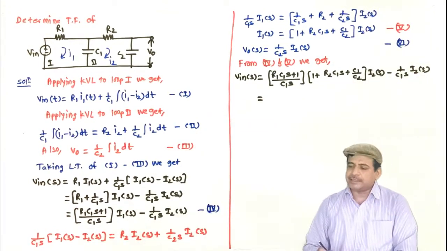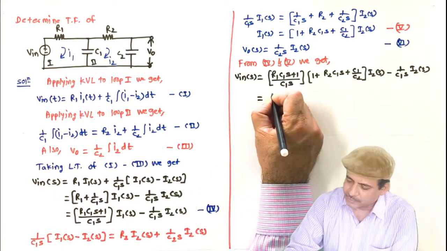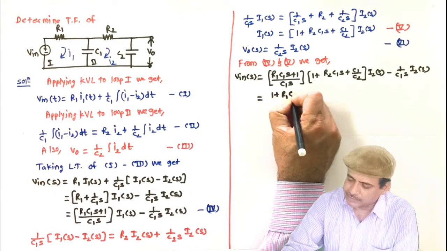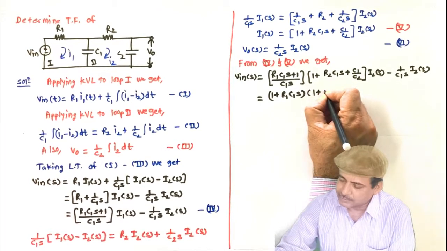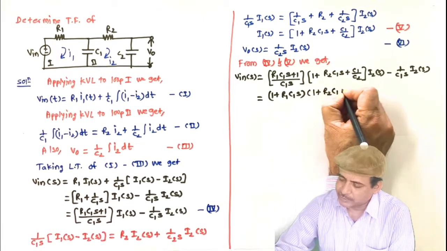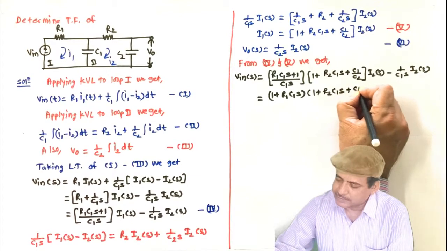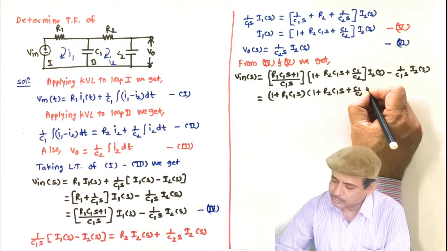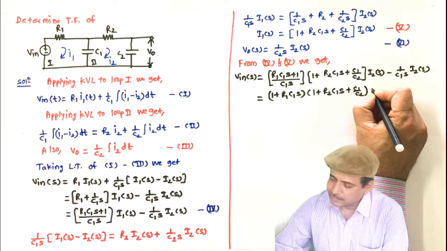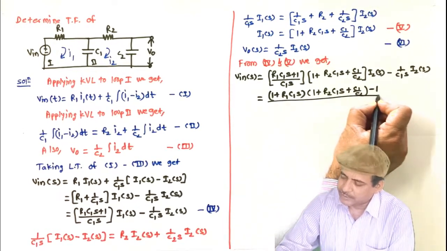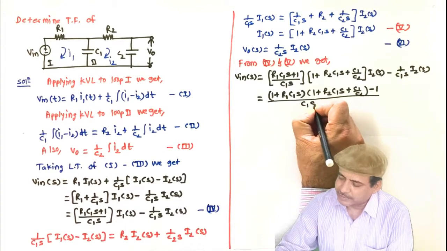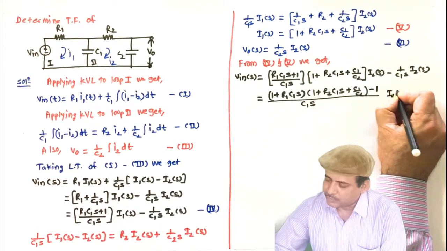So I can write this as 1 plus R1 C1s into 1 plus R2 C1s plus C1 by C2, minus 1, whole divided by C1s, into I2 of s.